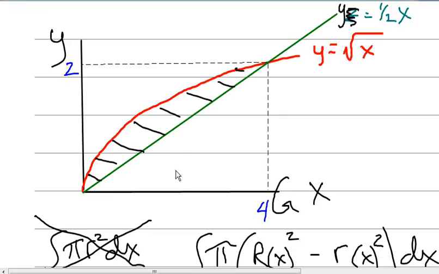Now, let's just draw a little line here. Where we hit the outside of our volume of revolution, that's the outer boundary. We're revolving around the x-axis. We draw this in. That's our outer boundary. What's that going to be? Well, that's going to be the square root of x.